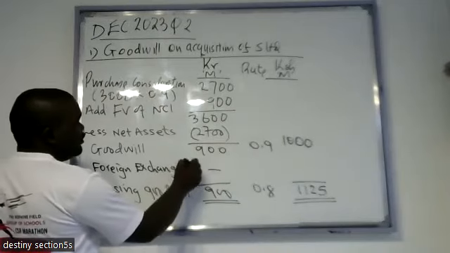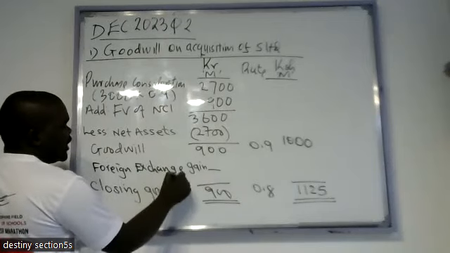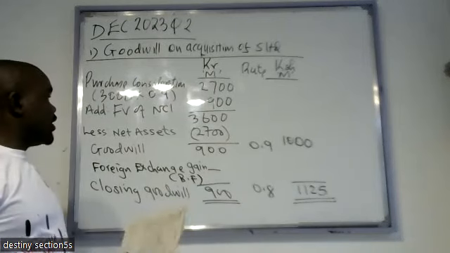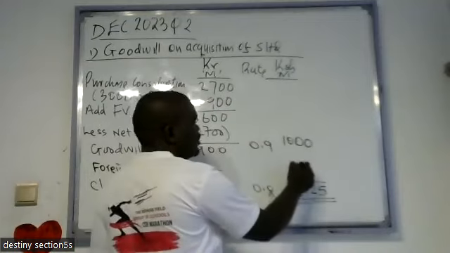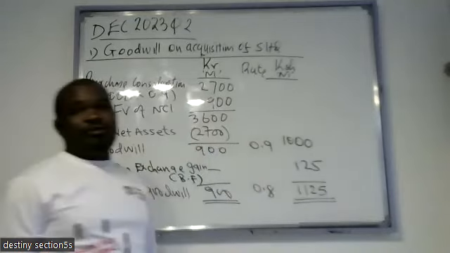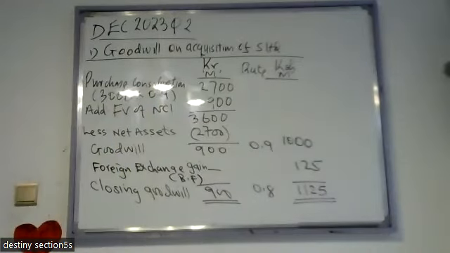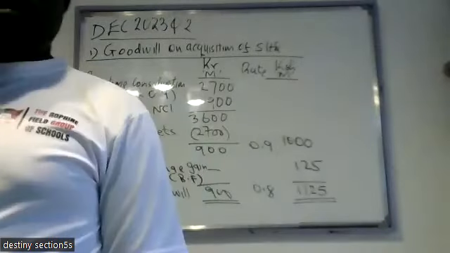So write, add the words foreign exchange gain, in brackets BF. BF is the balancing figure. Balancing figure. So how much? 125. Have it there. The increase. So that is how we determine the foreign exchange gain.